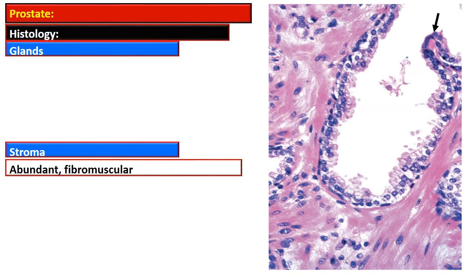The stroma is abundant and it is fibromuscular. In the transition zone, it contains compact fascicles of smooth muscle, and in the central zone the stroma is densest and least dense in the peripheral zone, while in the transitional zone it is in between.